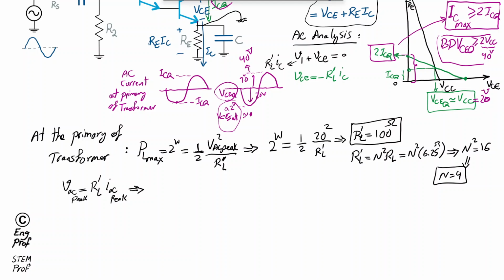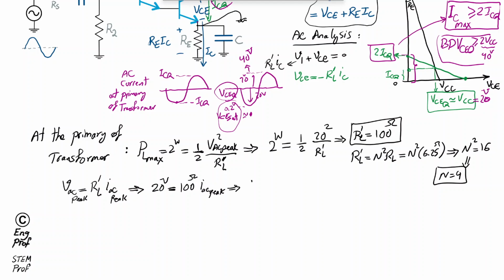So in this case, 20 volt equals R prime L, which is 100 ohm as we found here, times IAC peak at the primary.